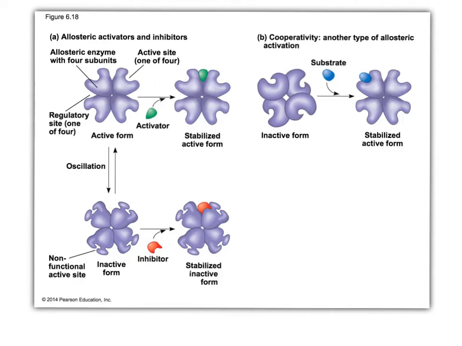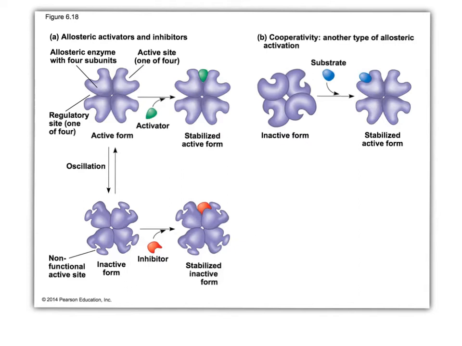If substrate binds, you have an inactive form, binds to one active site, changes the conformation of the other active sites, and makes it more active. So the binding of one substrate enhances the ability of the enzyme to bind the other substrates.